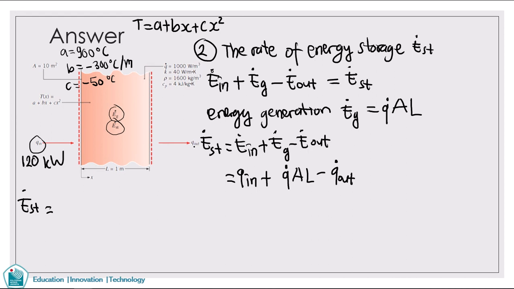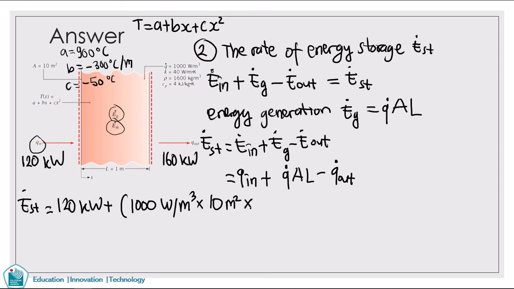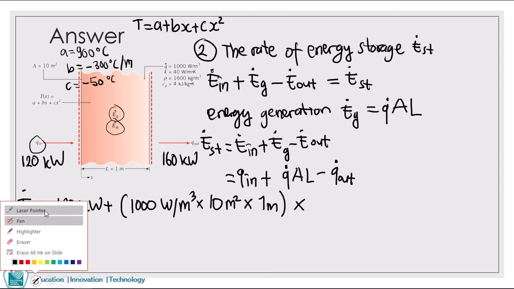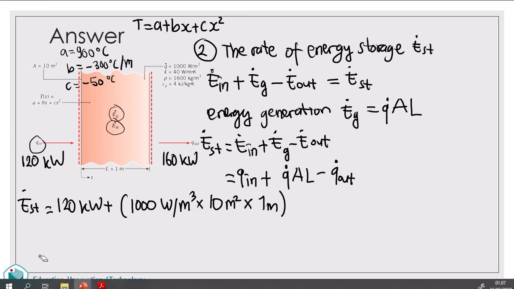So we write here the energy that's stored will be equal to the value of the Q in, which is 120 kilowatt. The out is 160 kilowatt. So we have 120 kilowatt plus the q dot, which is 1000 watt per cubic meter, multiplied by A, which is 10 square meter, multiplied by 1 meter, and finally minus the Q out.